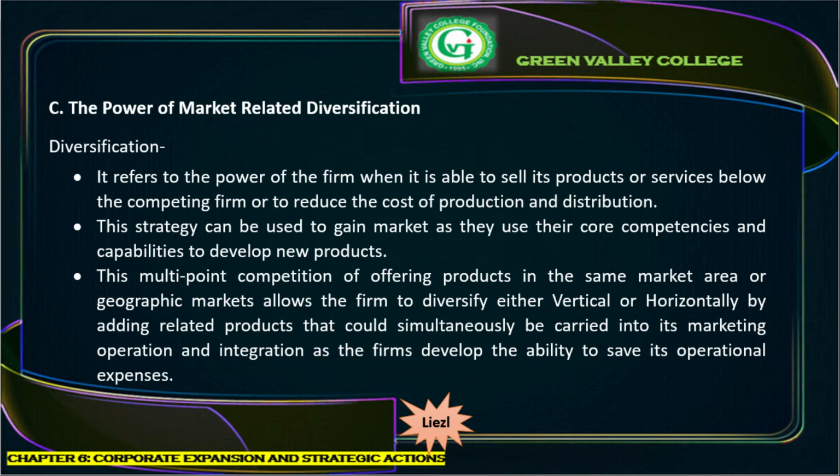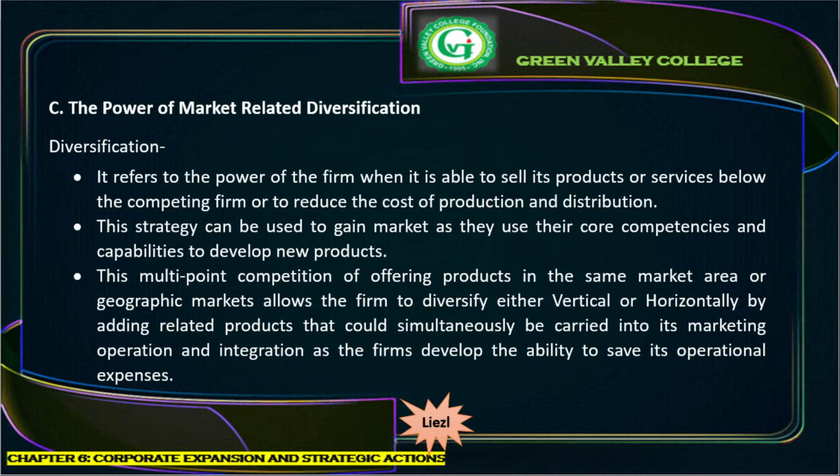So, when we say diversification, it is the act of investing in a variety of different industries, areas, and financial instruments. And it refers to the power of the firm when it is able to sell its products or services below the competing firm or to reduce the cost of production and distribution. This strategy can be used to gain market as they use their core competencies and capabilities to develop new products.